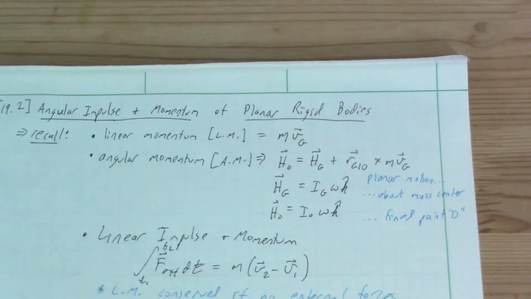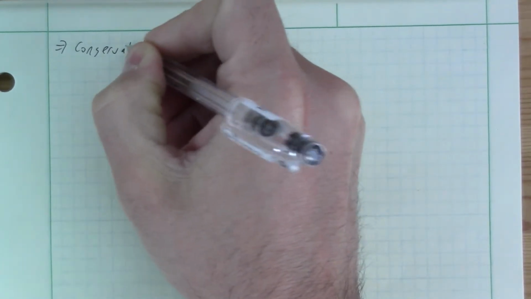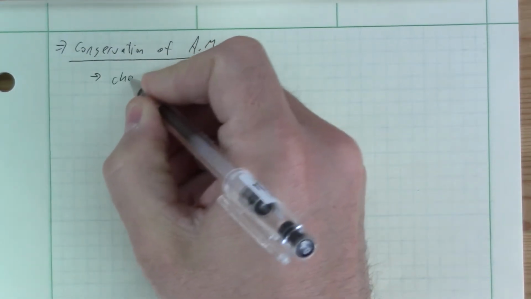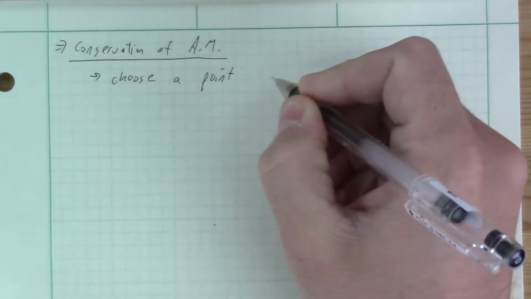Or before and after something happens. So that is the idea of the conservation of angular momentum, like we had conservation of linear momentum. The idea here is a little different too, because we can choose a point.